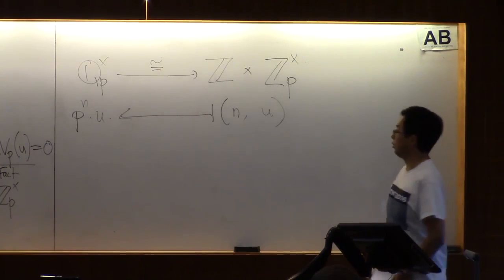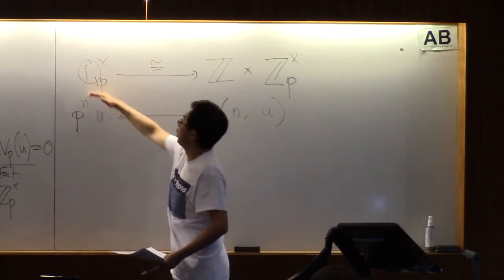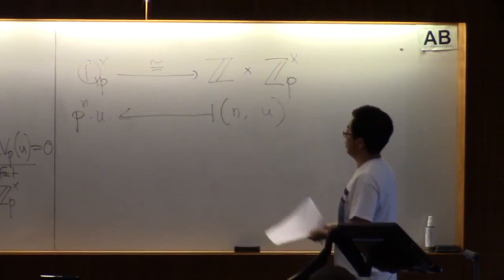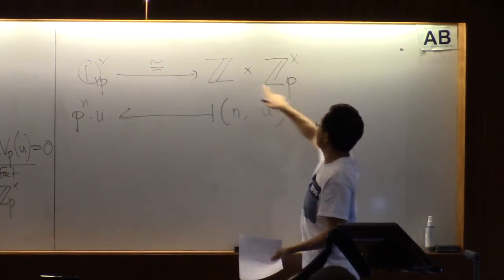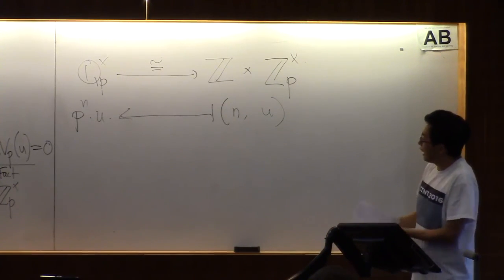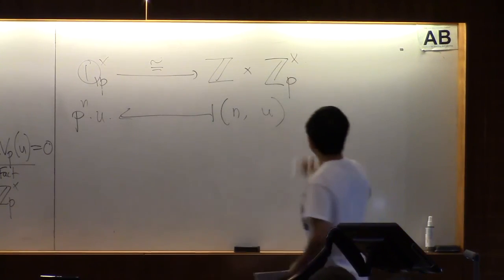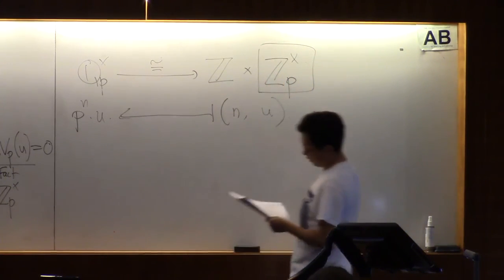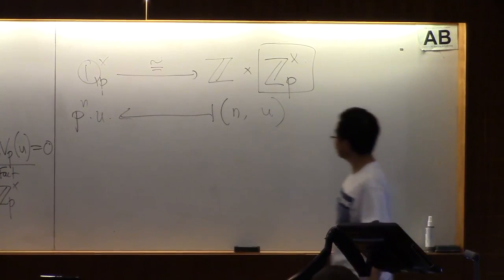So that's the first step of analyzing the multiplicative group of Q_p. Namely, you first pull out the valuation, and then there's a part which is a p-adic integer and not divisible by p. Now I have to analyze this bit here.